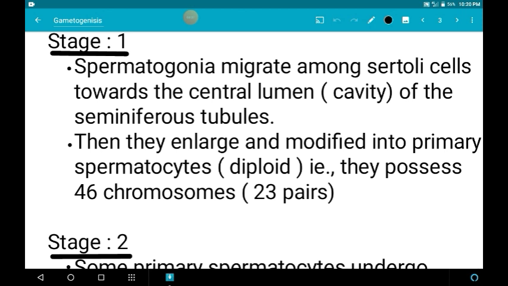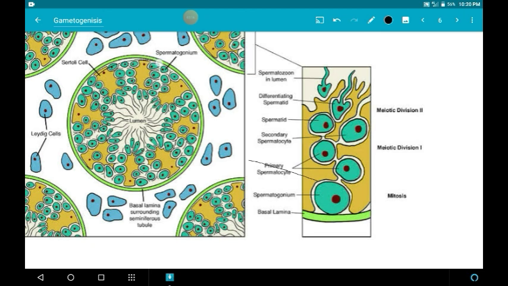They nourish the developing sperm during the process of spermatogenesis, because the spermatogonia are found at the inner surface of the seminiferous tubule.